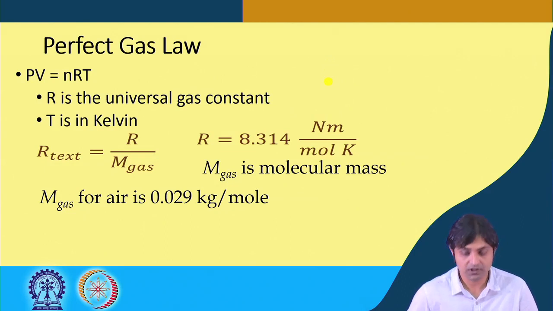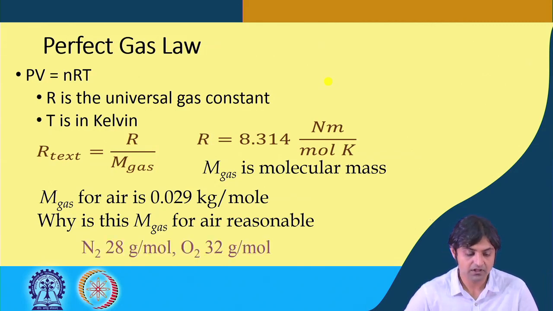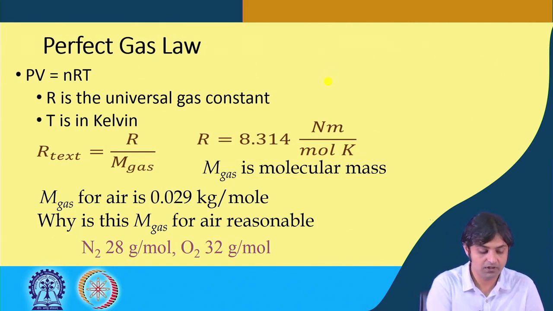Can you guess why this M gas for air is reasonable? The reason lies in that air comprises almost 80% nitrogen and 20% oxygen. The molecular mass of nitrogen is 28 gram per mole and oxygen is 32 gram per mole.